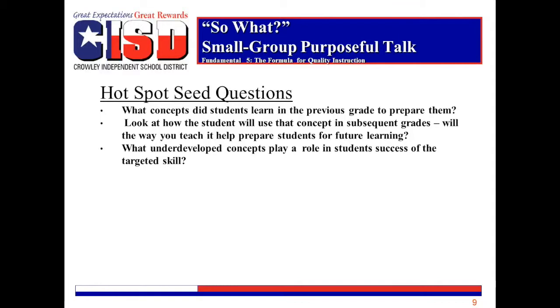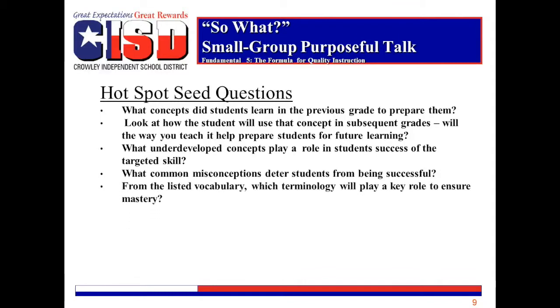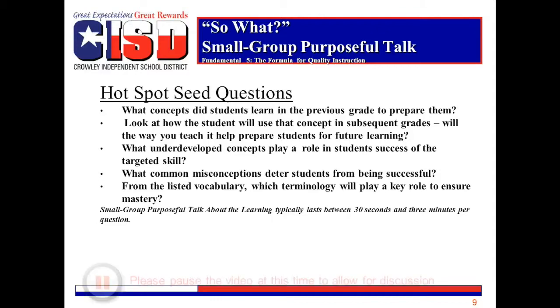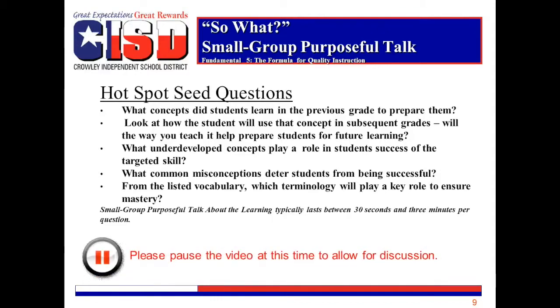Also, what common misconceptions deter students from being successful? And last, from the listed vocabulary, which terminology will play a key role to ensure mastery? Please keep in mind that small group purposeful talk about the learning typically lasts between 30 seconds and 3 minutes per question. Please pause the video at this time to allow for discussion.